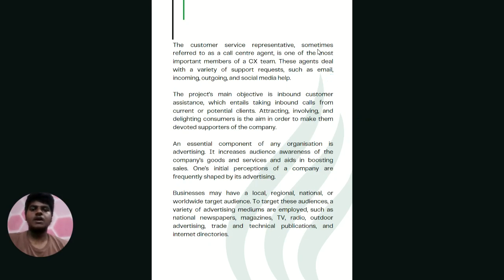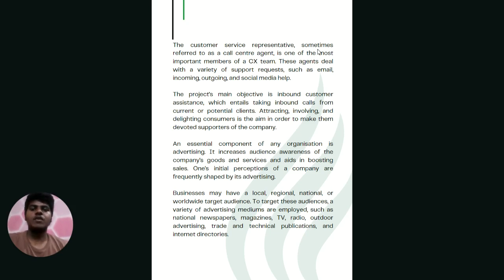Customer service reps, also known as call center agents, are super important in a CX team. They handle all sorts of support requests like emails, calls, and social media messages. Our project mainly focuses on helping customers who call in. We want to make sure they feel welcomed and happy so they become loyal fans of our company.